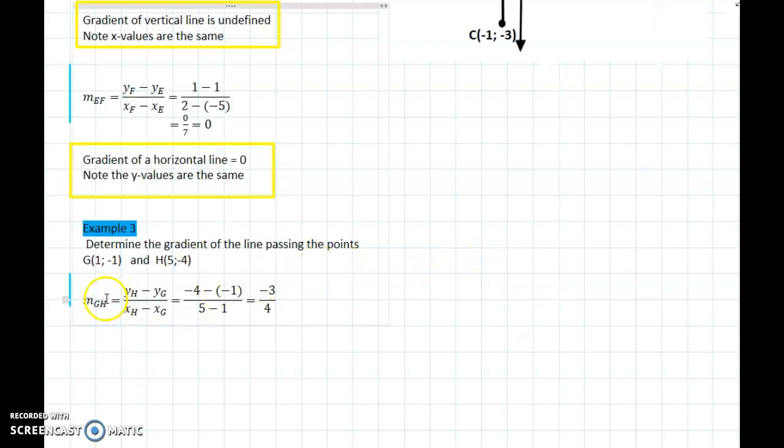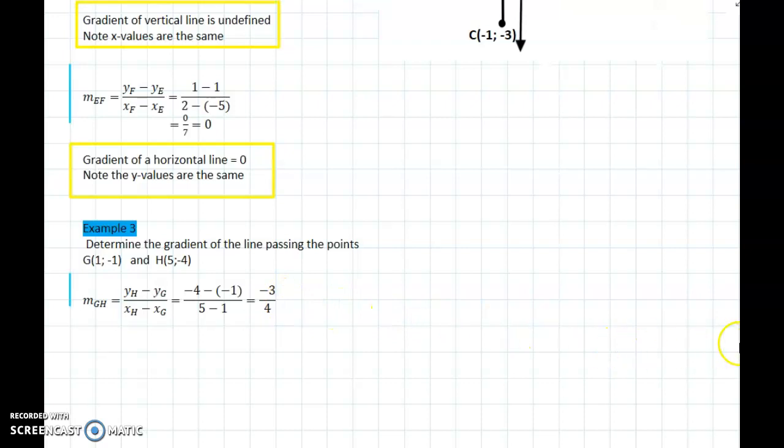So we have the change in the two y values, so it's y_H minus y_G over x_H minus x_G. So it's -4 subtract -1 over 5 minus 1. So here we have -4 plus 1 gives you -3. And 5 minus 1 is 4. So the gradient of the line joining these 2 points is -3 over 4.